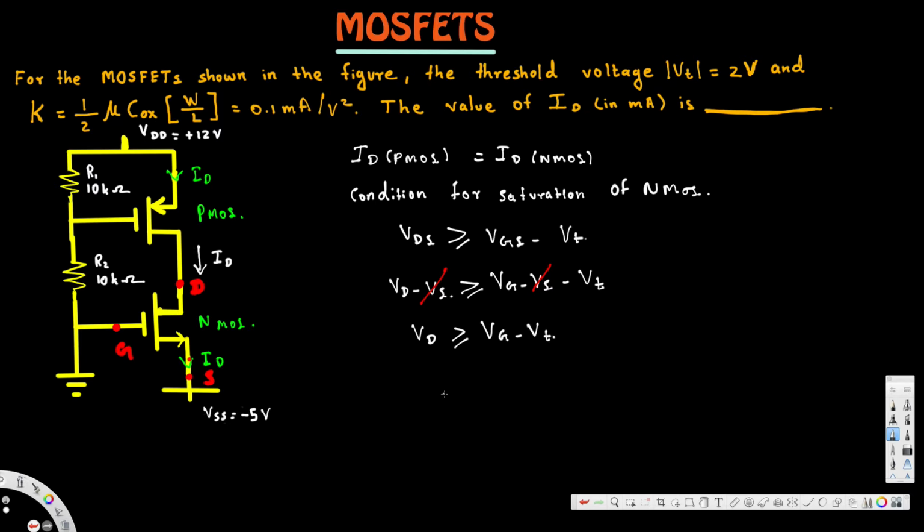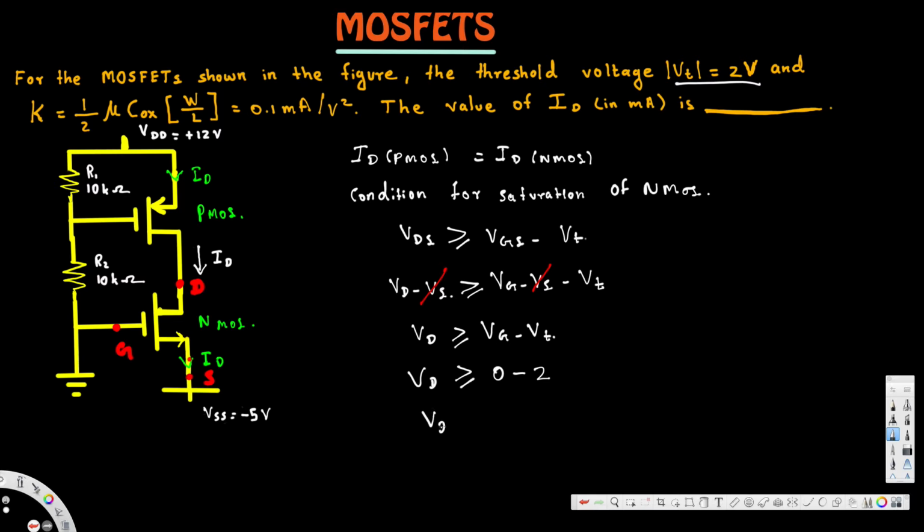Now VD is the voltage at the drain. That should be greater than or equal to VG, the voltage at the gate. That's 0, since this is connected to the ground. V threshold is given in the question, that is 2 volts.